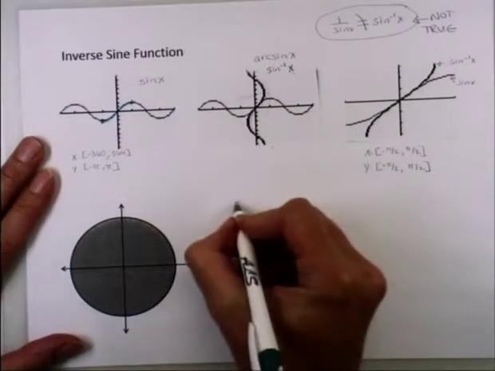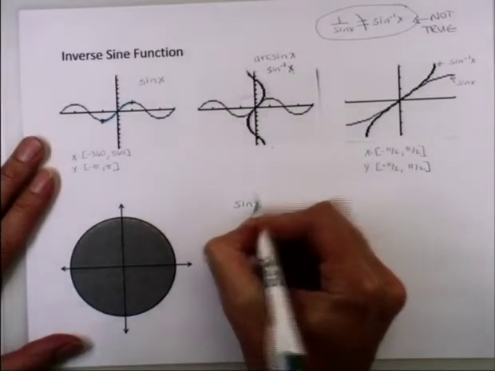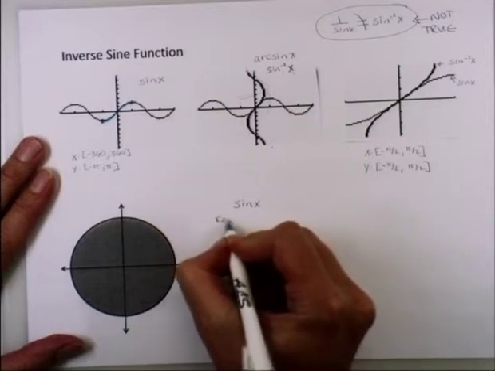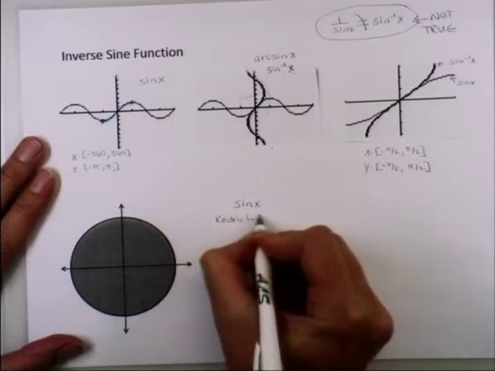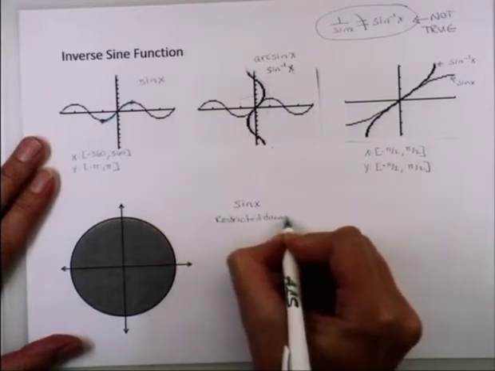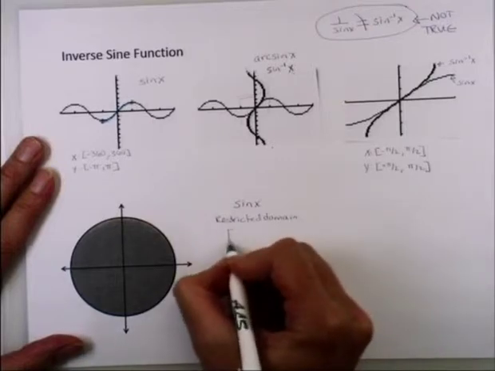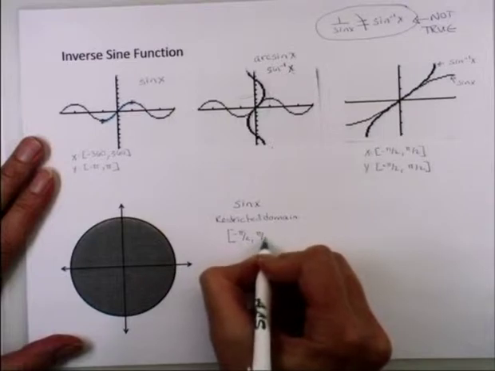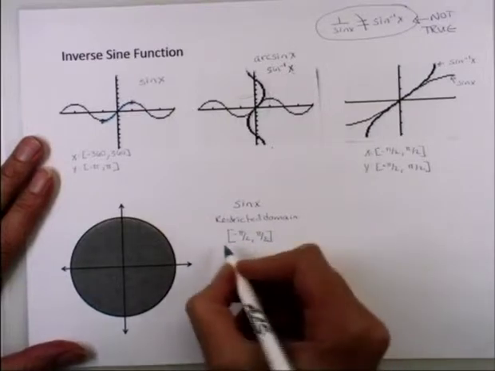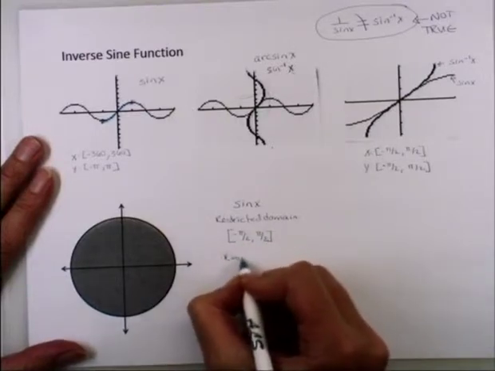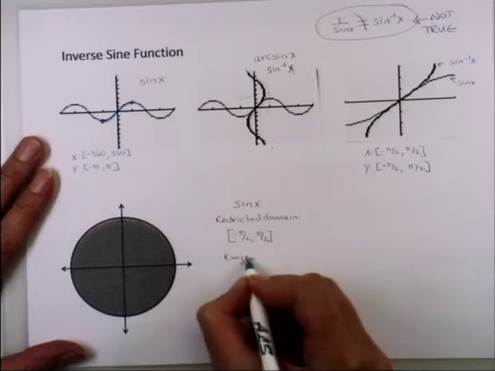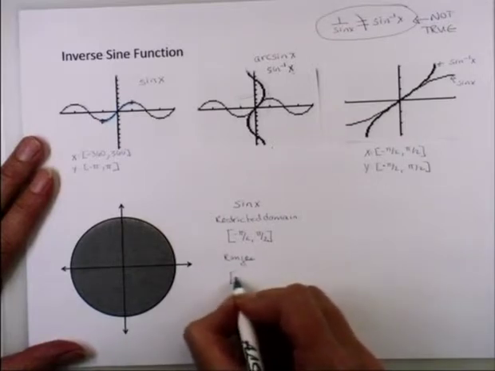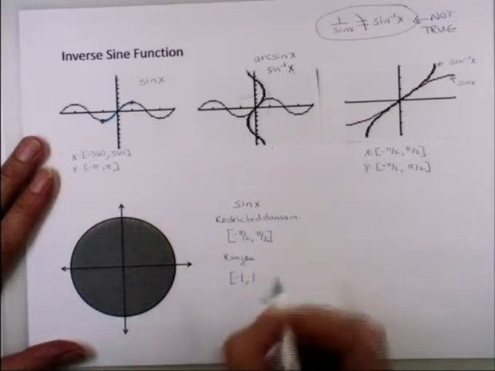Okay. Now, the sine of x, when we talk about the restricted domain, the restricted domain is going to be from negative pi over 2 to positive pi over 2. That takes me to a range of negative 1 to positive 1.